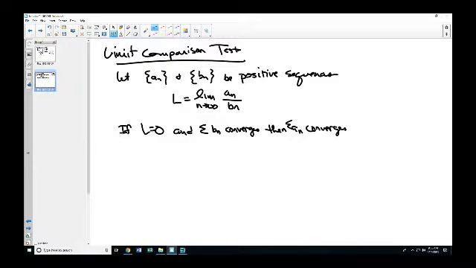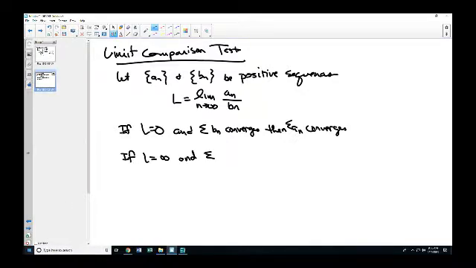Okay. Now if L is infinity, which one has to converge? a sub n, because a sub n will be bigger, right?